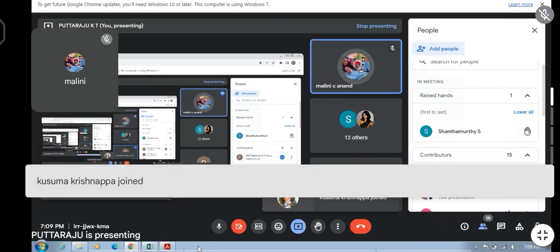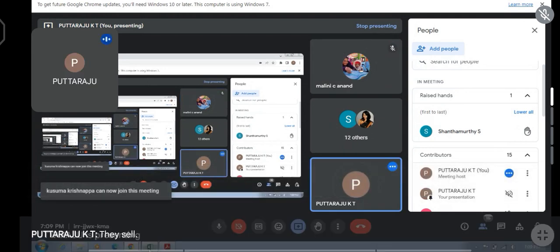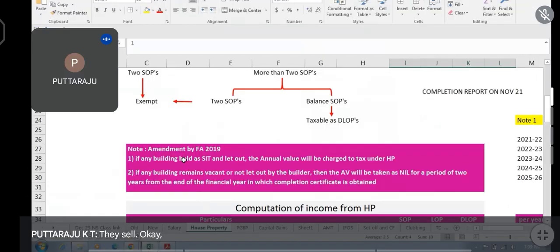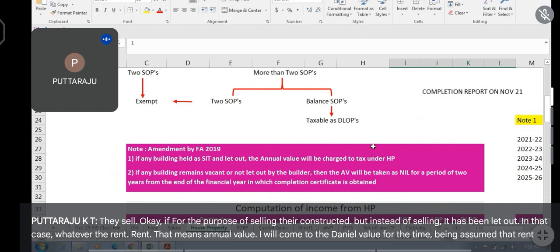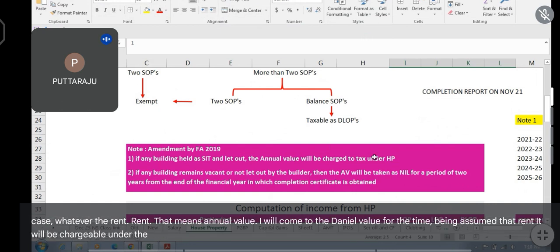They'll sell, sir. Okay. If for the purpose of selling they have constructed, but instead of selling, it has been let out, in that case whatever the rent, that means annual value, I will come to that annual value. For the time being, assume that rent will be chargeable under the head house property.